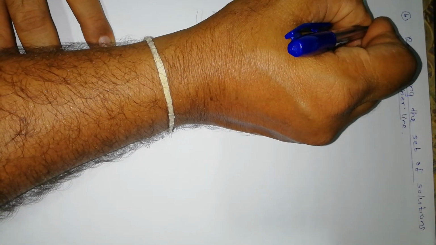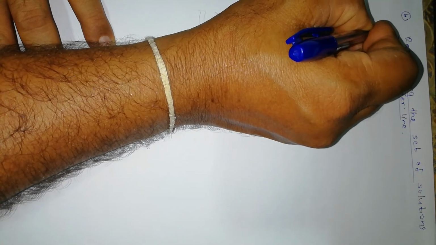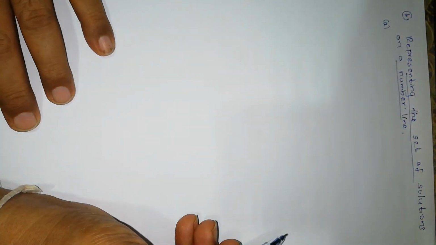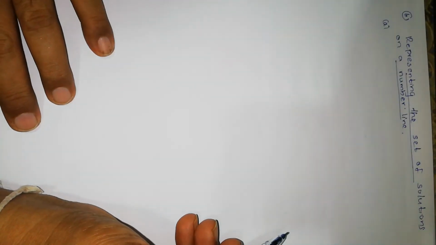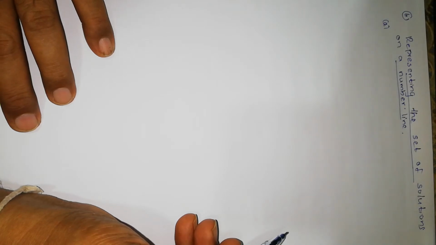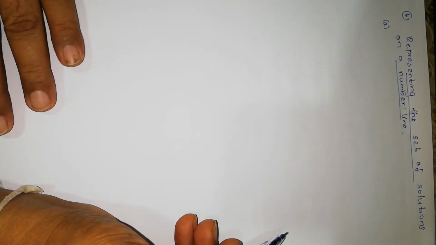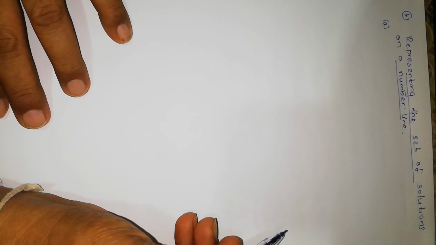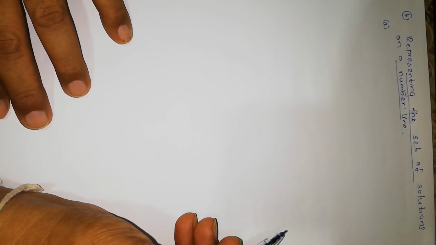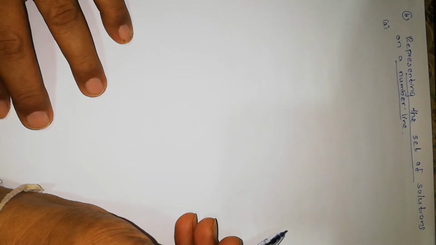There are two different types of question, children. We are asked to represent the solution set on a number line and integral solutions on a number line. First question. Express the integral solutions.